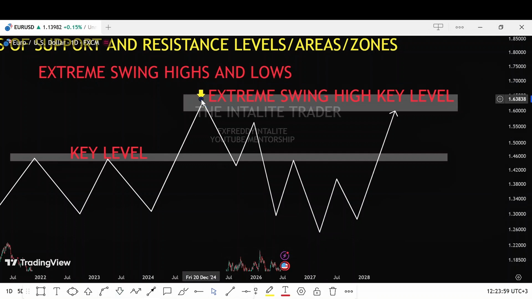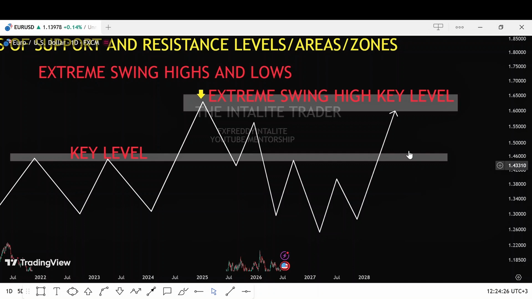So that means when price comes back into the same level, you will see those who sold to push price lower. They will be looking forward to get into the market. And those who are buying, those who are in this move towards this level, they will be looking forward to short the market.